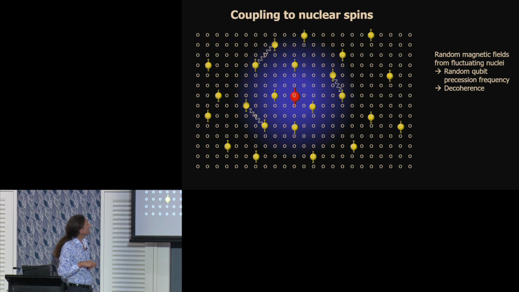And so these nuclear spins provide, semi-classically thinking, a magnetic field to the electron spin, which therefore randomizes its instantaneous precession frequency. So this is a form of decoherence.